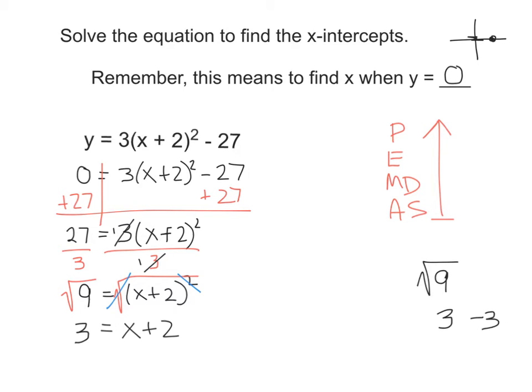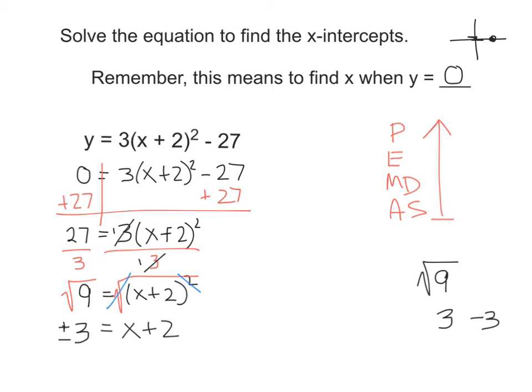Because if we square negative 3, negative 3 times negative 3 is positive 9. So anytime you square root both sides of an equation, you need to include a plus or minus sign. And we saw the plus or minus sign when we did the quadratic formula, so you should be kind of used to seeing it and using it.